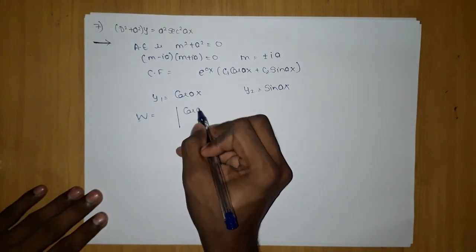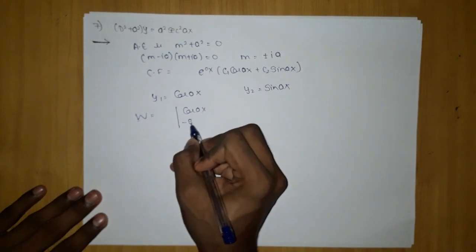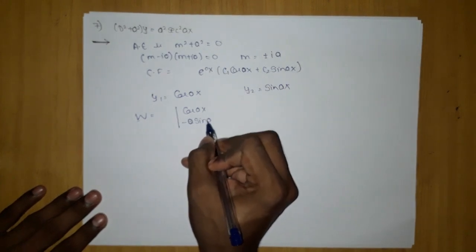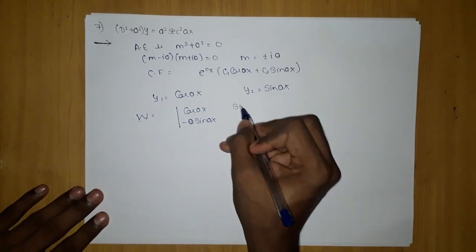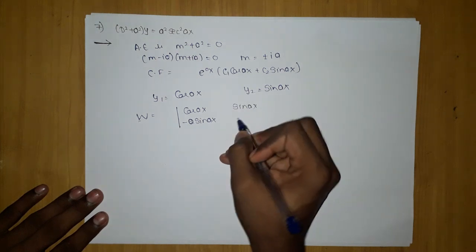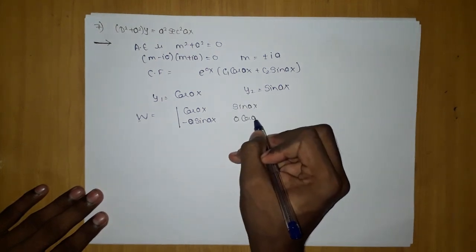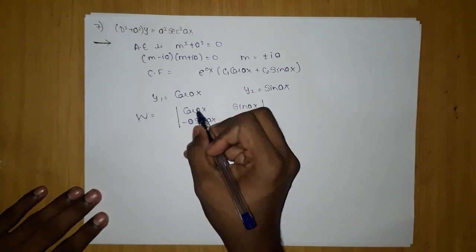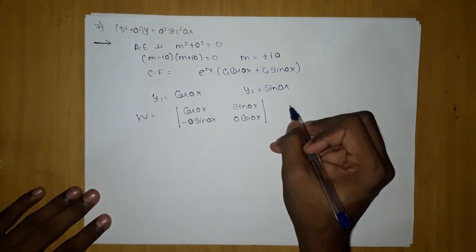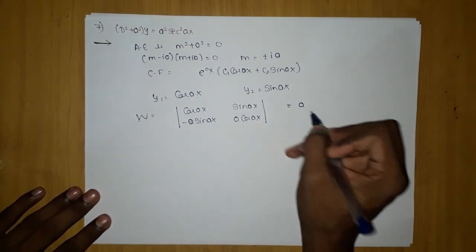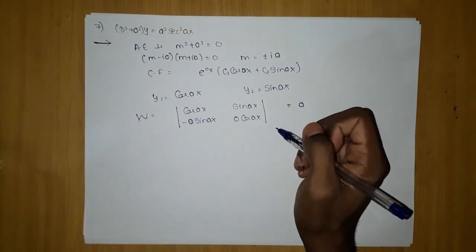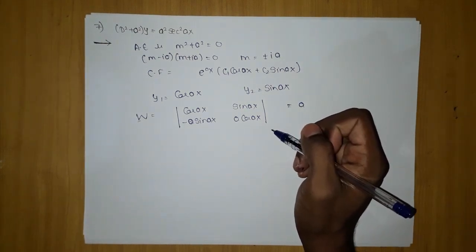Here it will be cos ax, here minus a sin ax, here sin ax, here a cos ax. So our final answer becomes a, since sin square plus cos square ax becomes 1. So we are left with a. So our Wronskian is nothing but a.